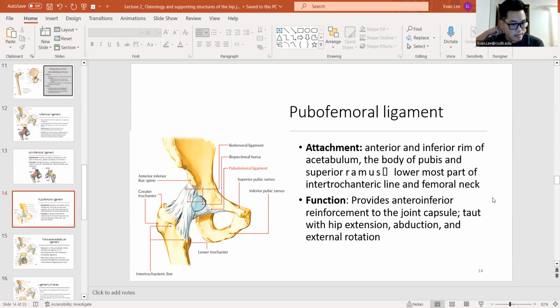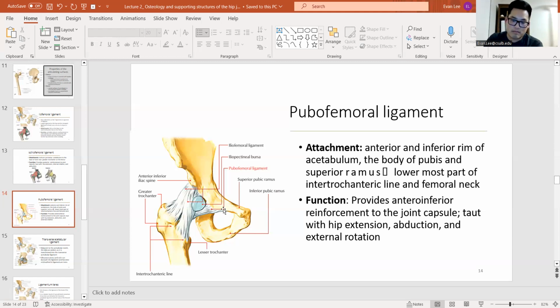Now, at least for our big ligaments, you can see the pubofemoral ligament, one more, which is going to the pubis in this case. So you had iliofemoral, ischiofemoral, and now you have pubofemoral. So guess where this is going? It's going to the superior ramus of the pubis over here. You can see that it's going from the femur along the acetabulum to the superior ramus of the pubis.